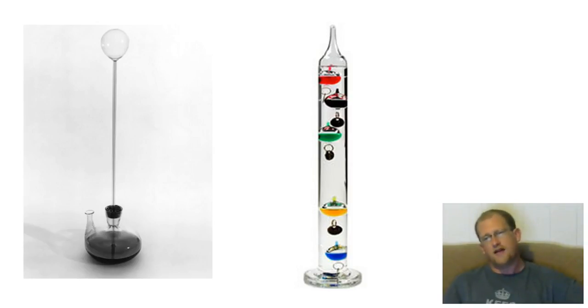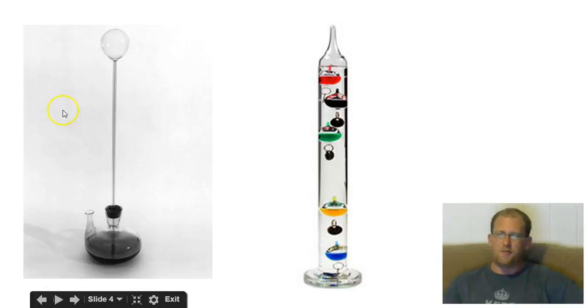Okay. Then this is Galileo's two attempts at a thermometer. So here we have up here an evacuated airspace. This is a vacuum, and this is a liquid, and it doesn't really matter what the liquid is. As the airspace in here gets hotter or colder, the few molecules that are up here cause this volume of airspace to expand or contract, which pushes or pulls water up the tube.